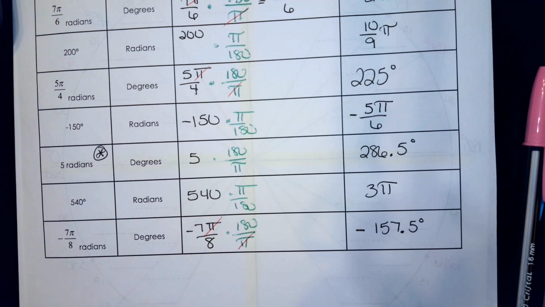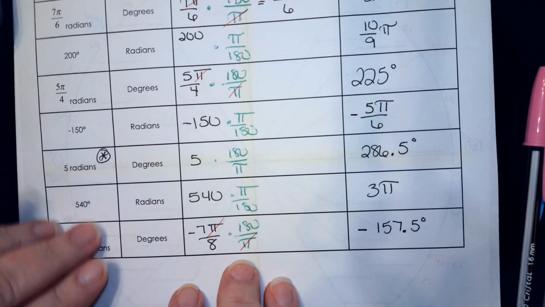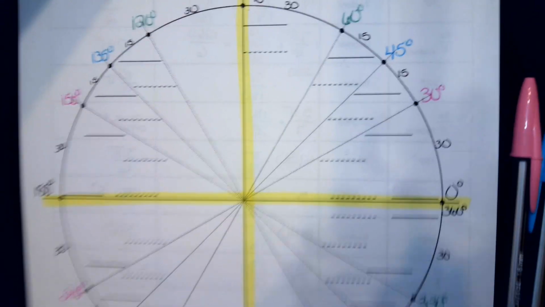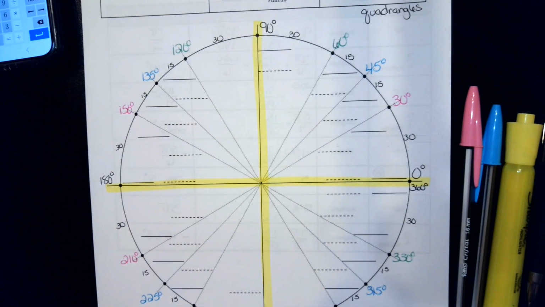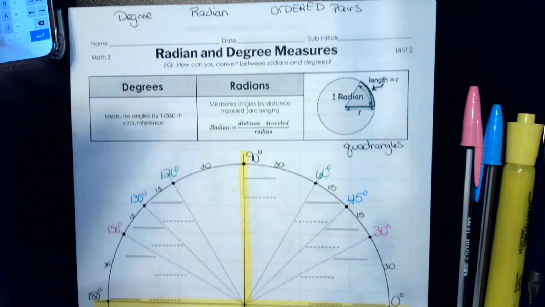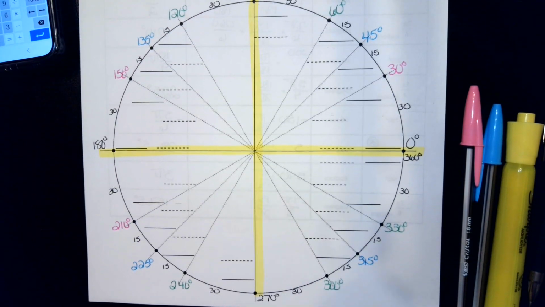Alright, so now that we know how to convert, we're going to come back right here to our unit circle, and we're going to convert all of these to radians. And then after we convert the radians, we can call it a day on this. Tomorrow we'll learn about the last piece, the ordered pairs, because that takes quite a bit to learn how to do.